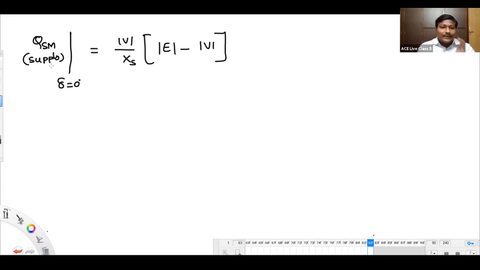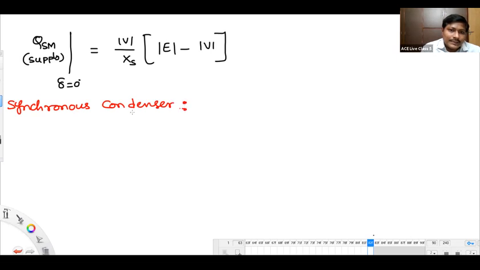So the first element I am going to take up here is the synchronous condenser, or synchronous capacitor. Basically, it's a no load operating synchronous motor with overexcitation.